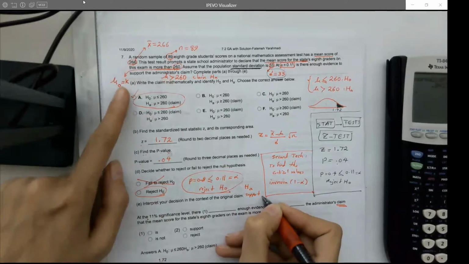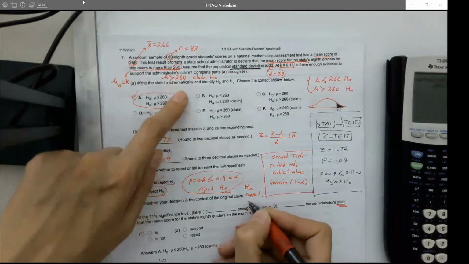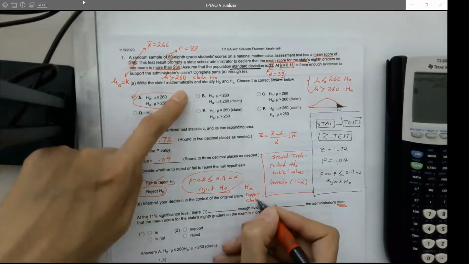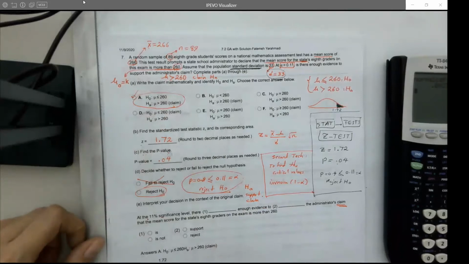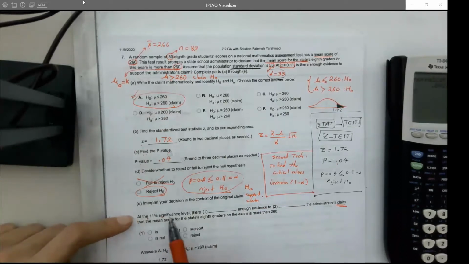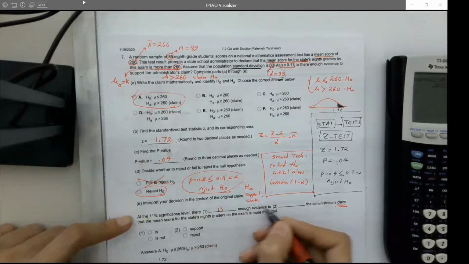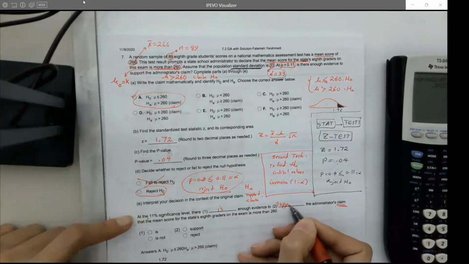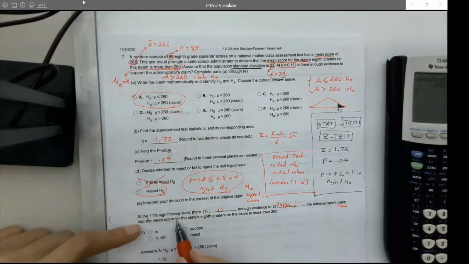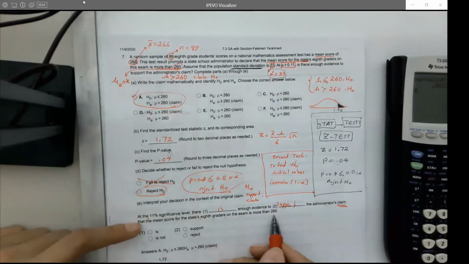The alternative hypothesis and the claim were the same, so we support the claim. So at the 11% significance level, there is enough evidence to support the claim, which says the mean score for the state's 8th graders on the exam is more than 260.